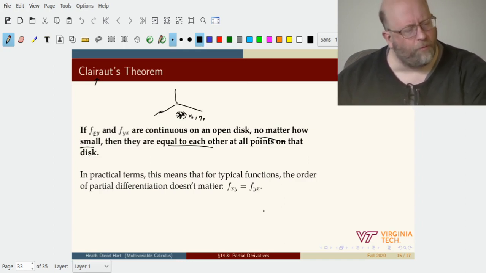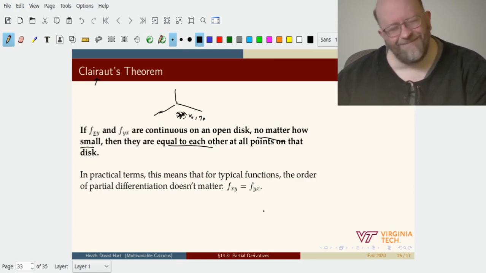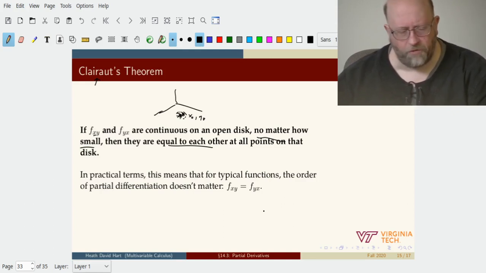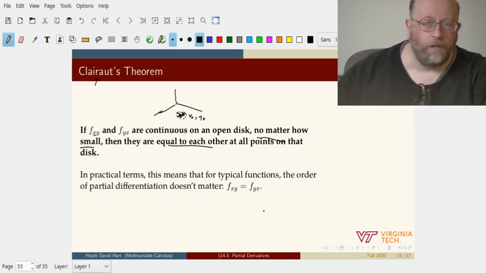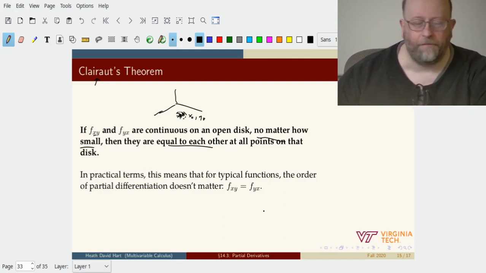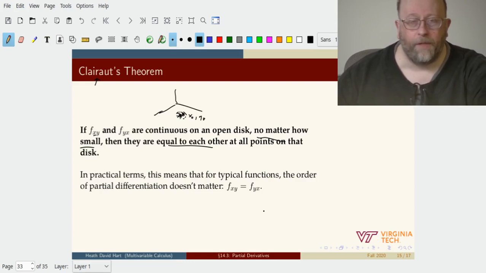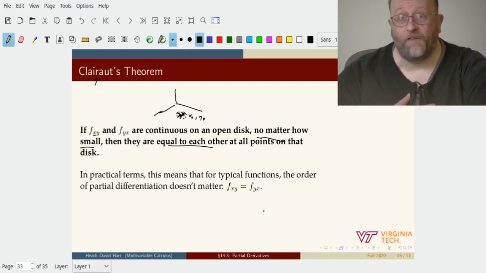So, for practical purposes, the order of taking a derivative doesn't matter. As a technicality, yes, it technically does, but you are very unlikely to ever see an example where you will have to worry about the order mattering. Personally, I can tell you, I never saw an example until I was in grad school.